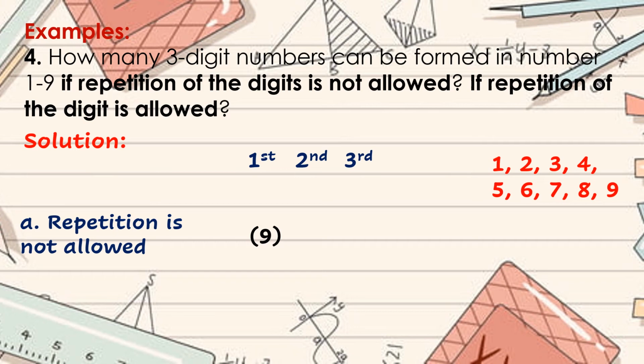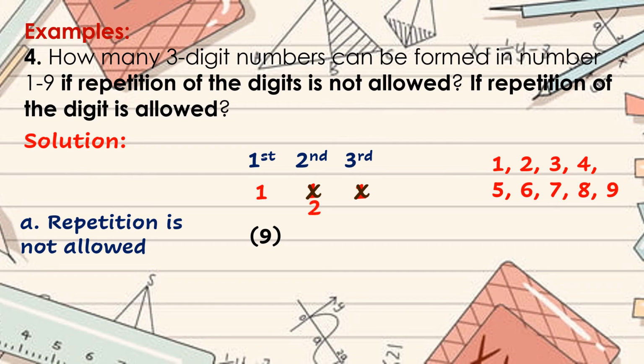Ayan, mayroon pa tayong 9 choices. And for the second digit, so let's say ang kinuha ni first digit na number ay 1. Ibig sabihin si 1 hindi na pwedeng maulit kay second digit number at kay third number. Okay? So, i-x na natin si 1.